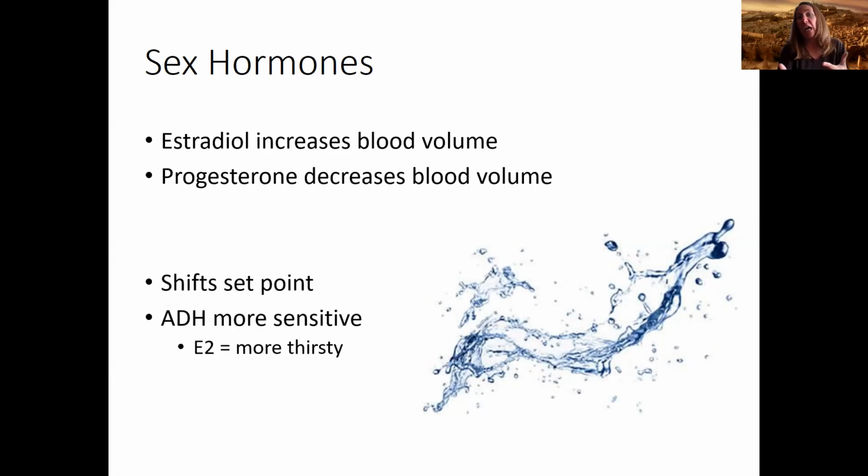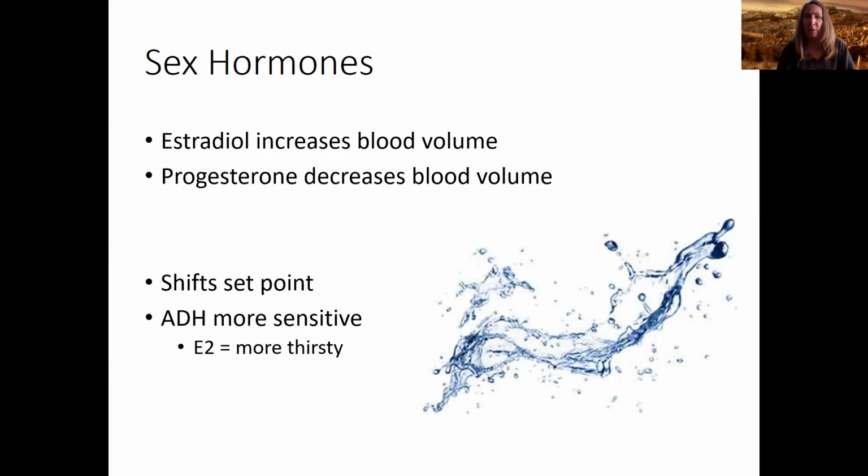When estrogen is high, the set point for your blood volume increases, so you're more likely to experience thirst. You're more likely to experience osmotic thirst in particular, and hypovolemic thirst when estrogen is high. So your body is more sensitive to that. And then progesterone is going to decrease your blood volume. Again, these two hormones change the set point of your blood volume and what's acceptable and what's not.